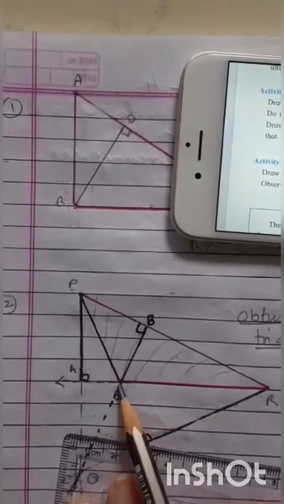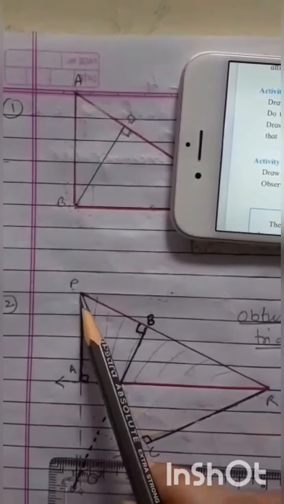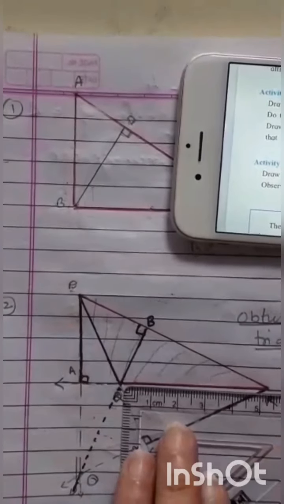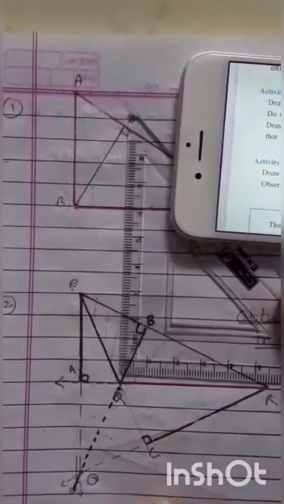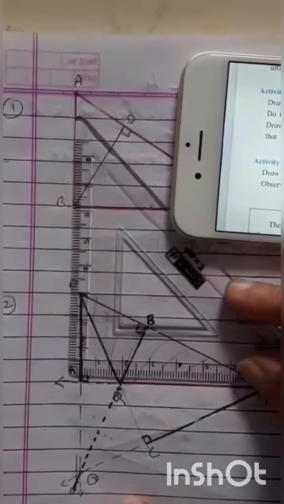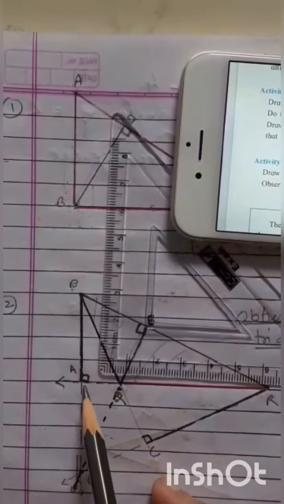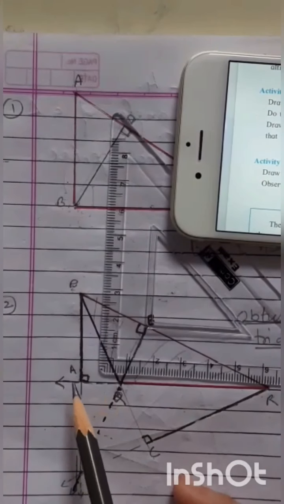Now here, if you see the segment QR, the opposite vertex is P. So when I keep my set square like this and try to move here, can you see this altitude is going outside the obtuse angle triangle?